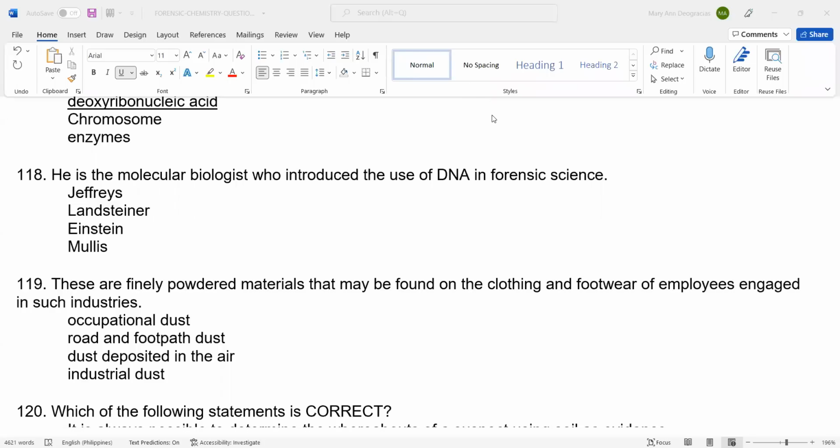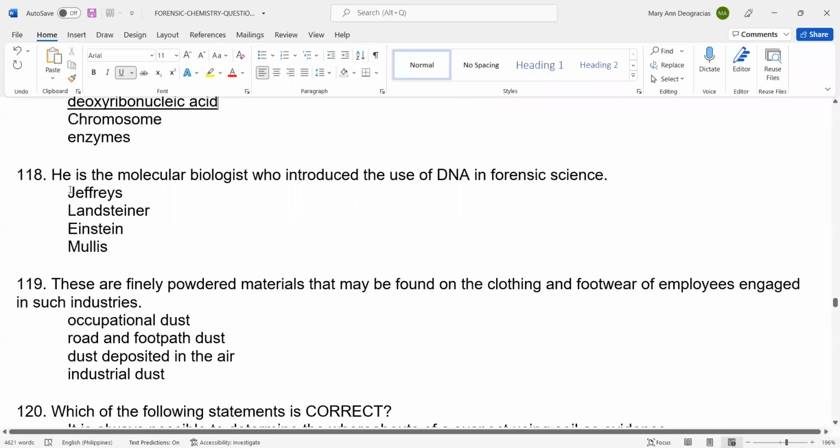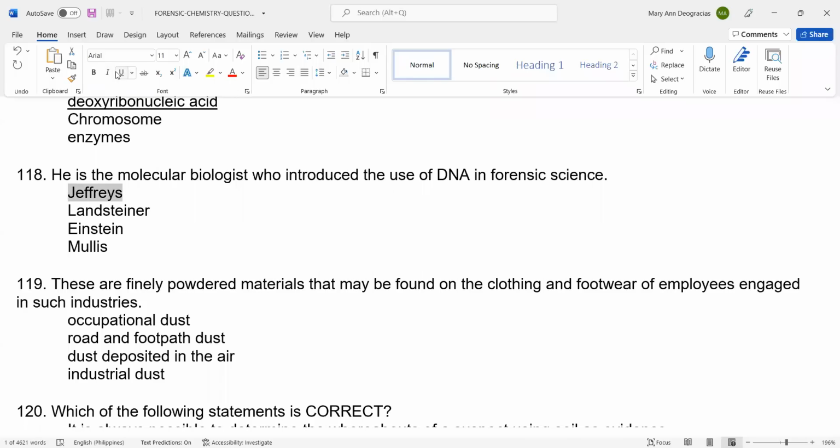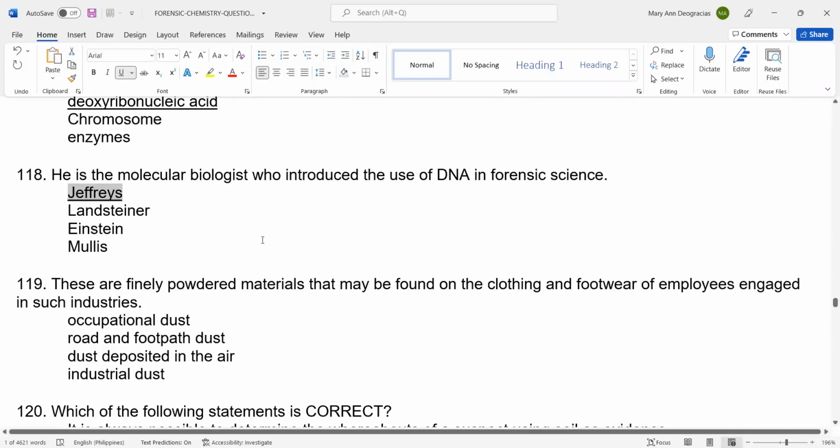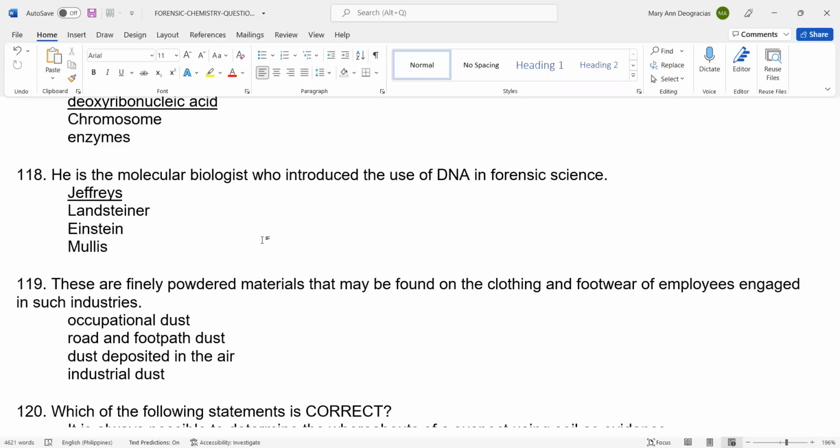Letter A. So it's Dr. Alec Jeffries, who is a molecular biologist and at the same time a physician. Where did he introduce DNA? In fingerprints. So the first application of DNA to forensic science is on fingerprints.